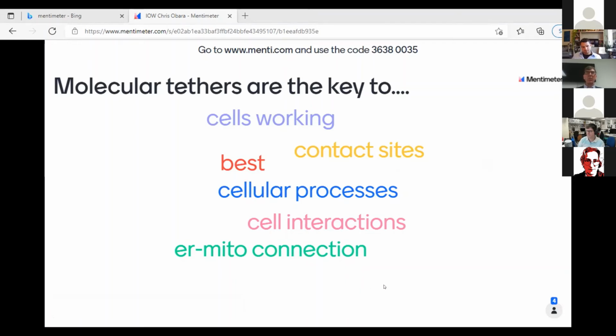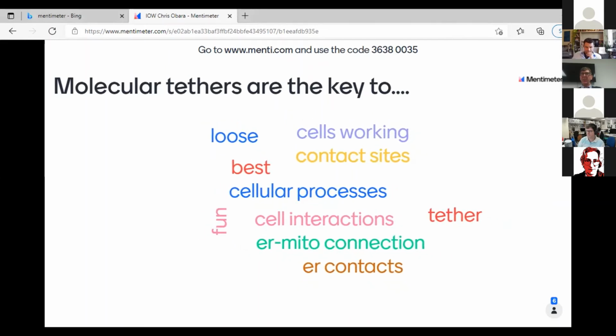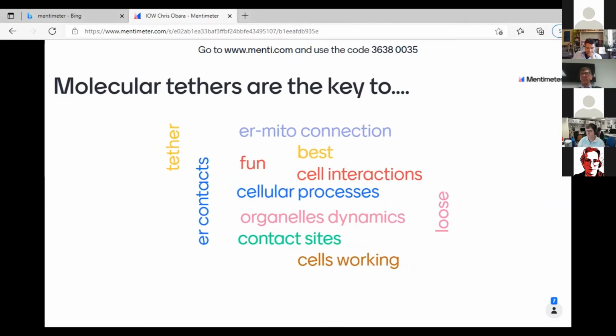All right, we've got 4 people on board so far. Oh, we've got 3 more participants. All right, so you get to win a fantastic Foldscope. What more enticement can I offer?